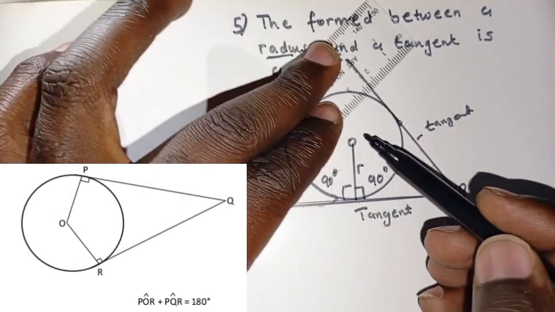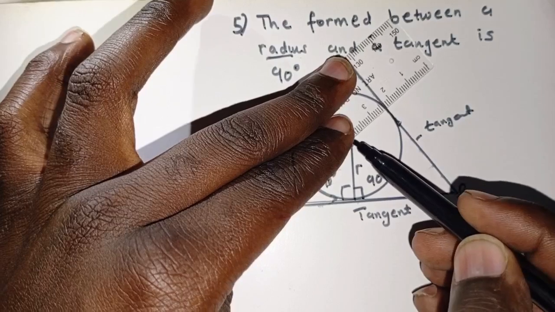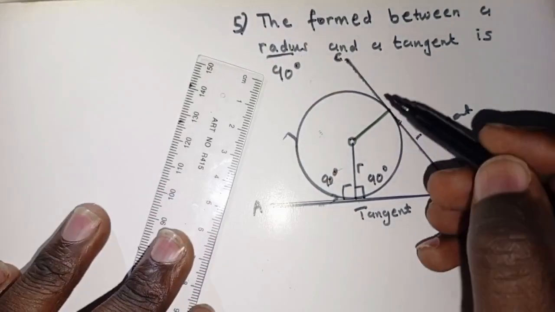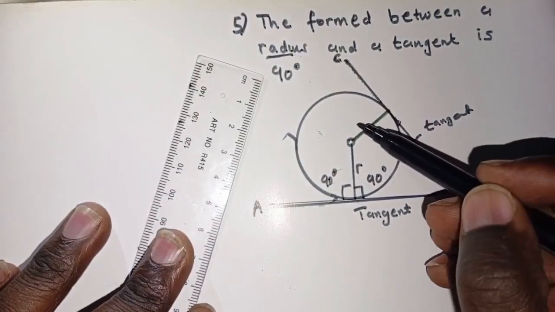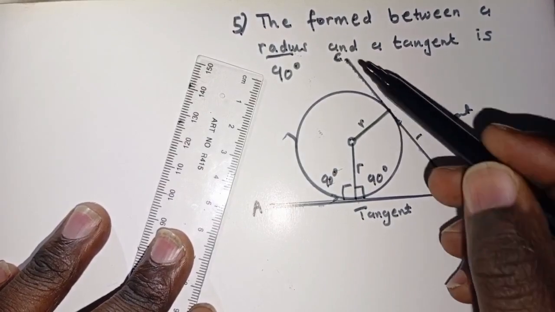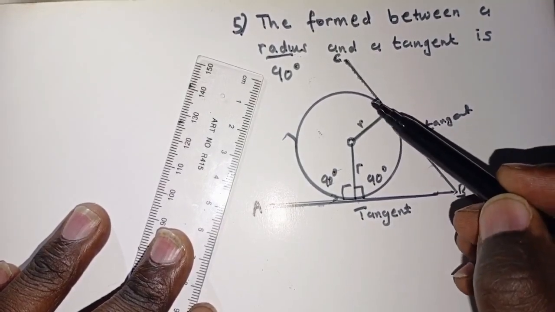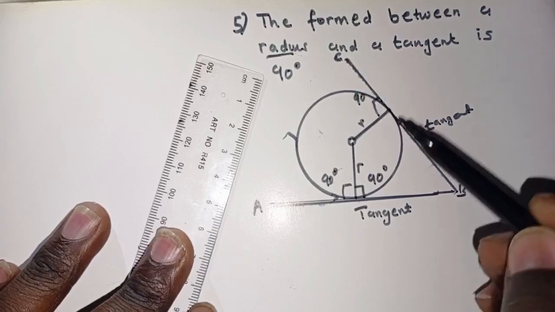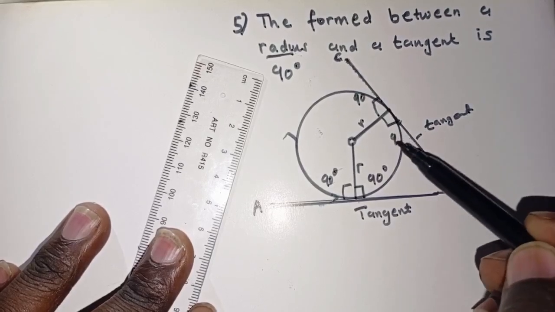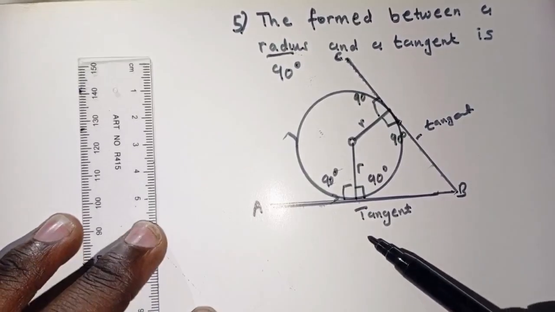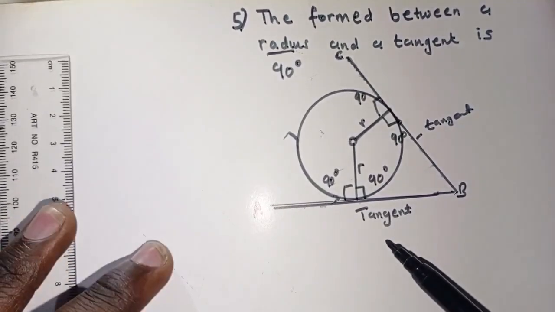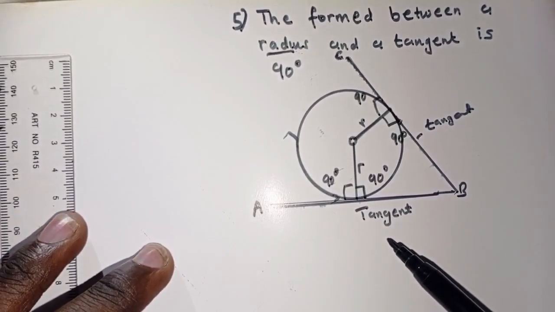If you have another radius there, this still applies, so long as the angle is between tangent and radius, meaning this one here is also 90. This one there is also 90 degrees, so long as it's a tangent and a radius.